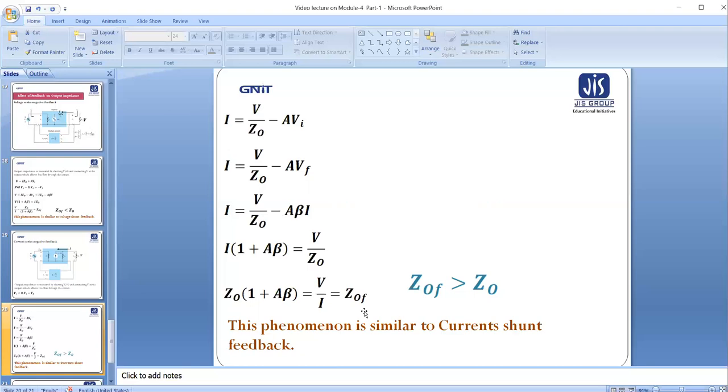When the input side is shunt, the input impedance will be reduced. But when we are dealing with the output impedance, focus on the output term. Output term is voltage and current. So when voltage is present, output impedance will reduce. When the output term is current, output impedance will be increased.